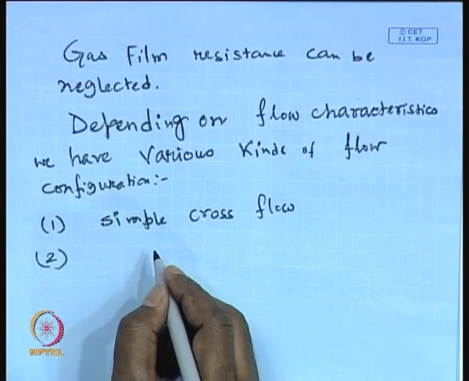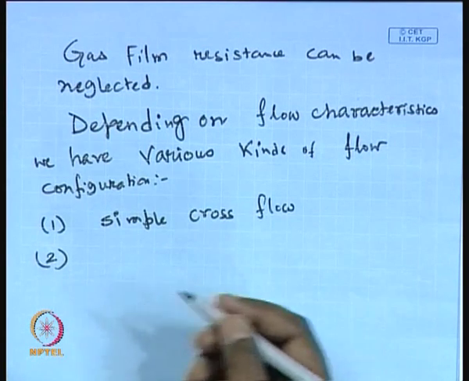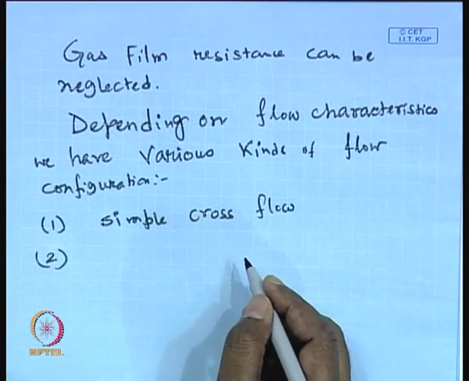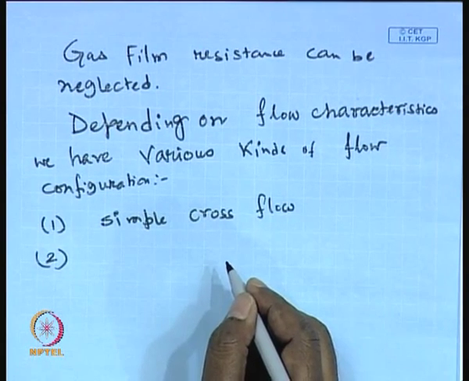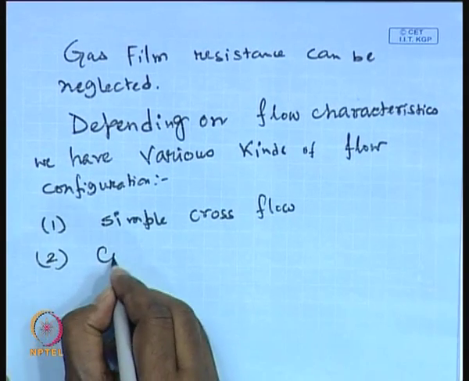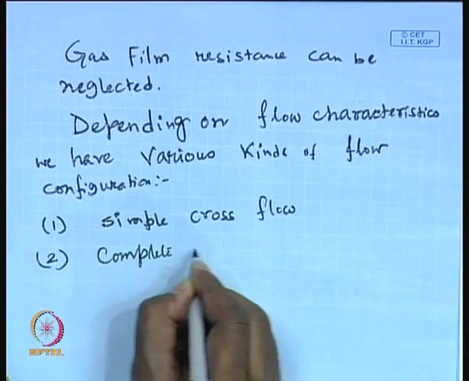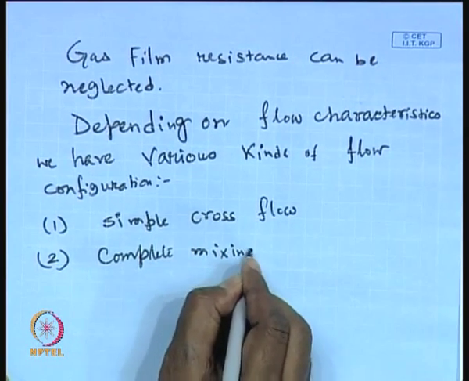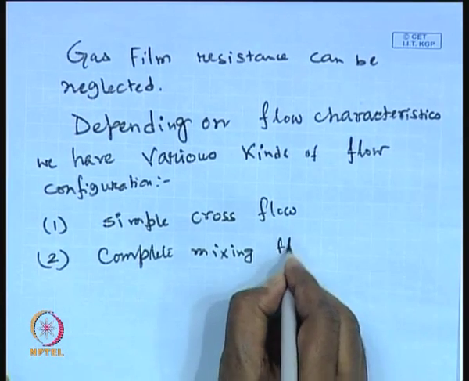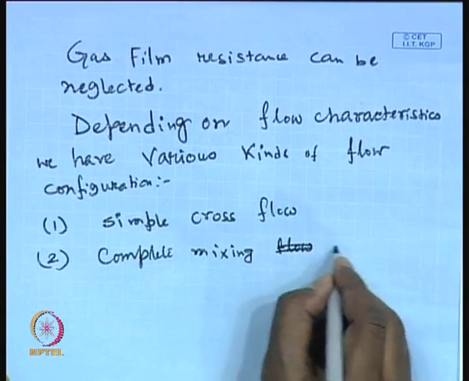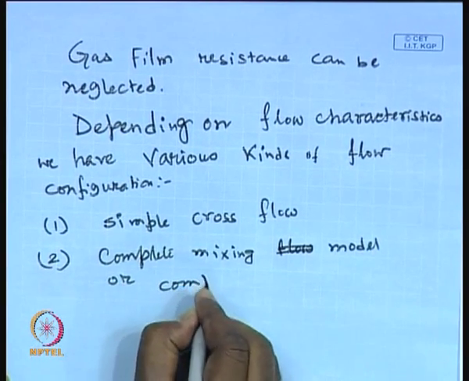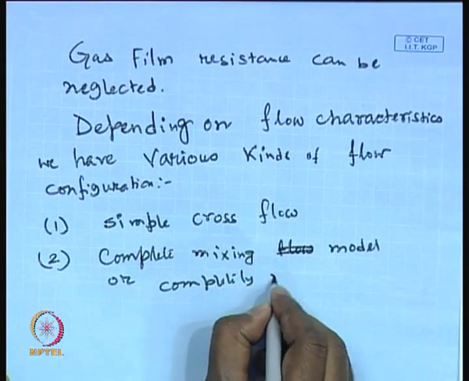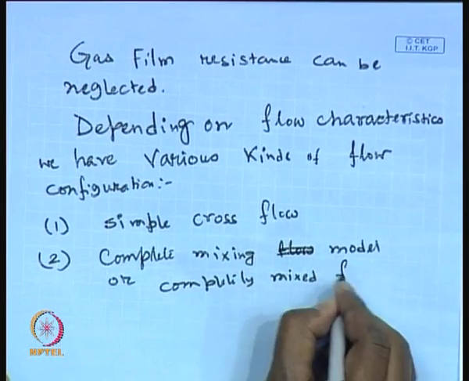If the feed side and the permeate side are both well mixed, that means they are well stirred. That means whatever concentration gradient might exist will be well mixed. So, this is known as the complete mixing model or configuration, or completely mixed flow.